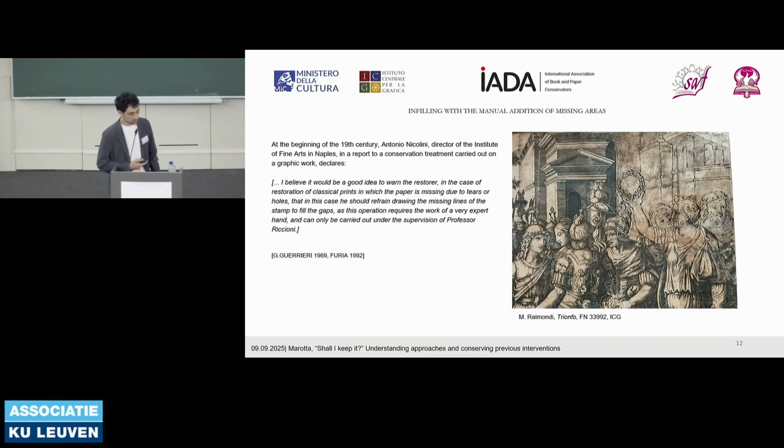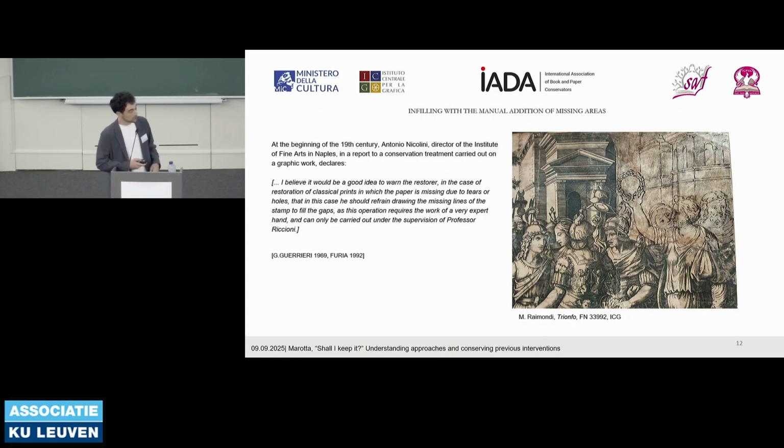What is interesting is that we have similar interventions throughout the whole 17th and 18th centuries, but also with the development of the antiquities market, where the completeness of the image was a factor for the value of the objects. We have information of similar treatments being performed until the 19th century.